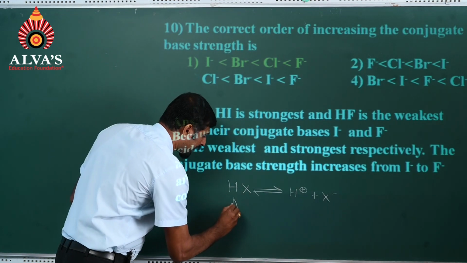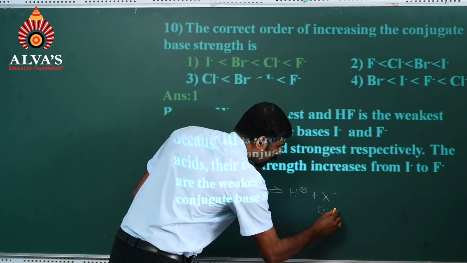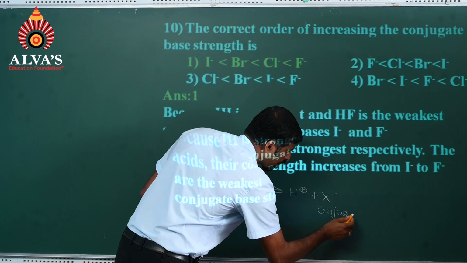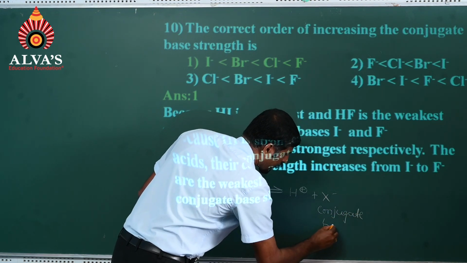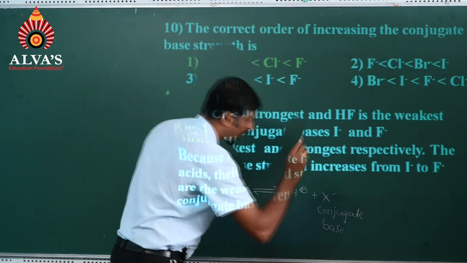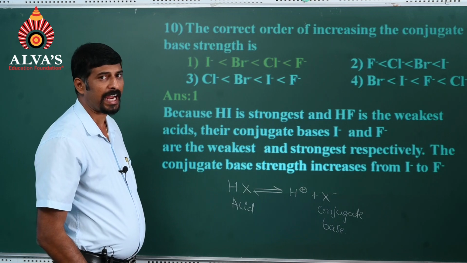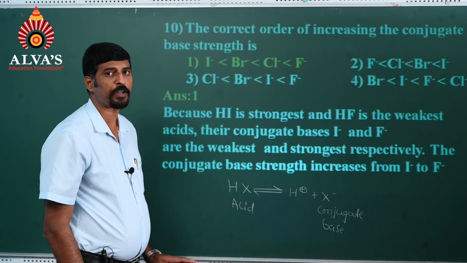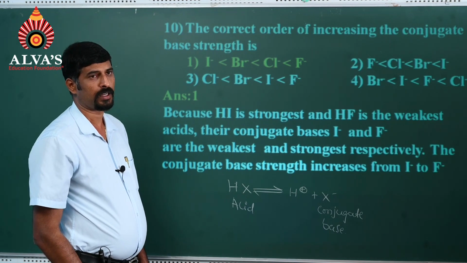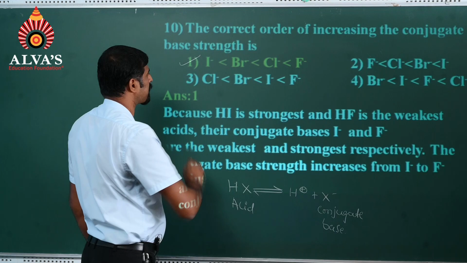So, this is the acid and this one is the conjugate base. Now, if you consider hydrogen halides, HI is the strongest acid and HF is the weakest acid. Now, if you consider that, the first option is the right answer.